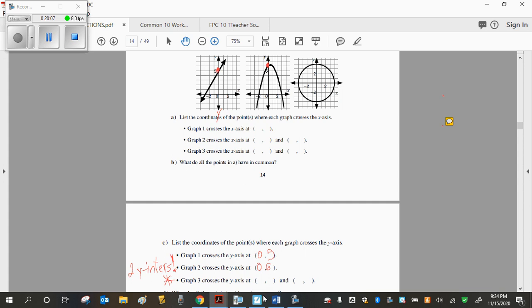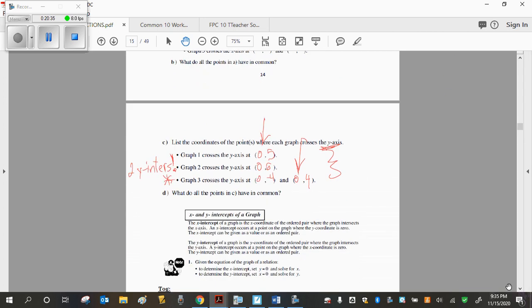And in this case, we've got a -4 and a 4 up. So 0, -4 down, and 0, 4 up. Next question, what do all these y-intercepts have in common? And yes, similarly, x equals 0.